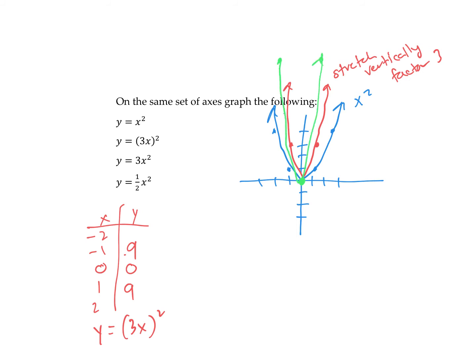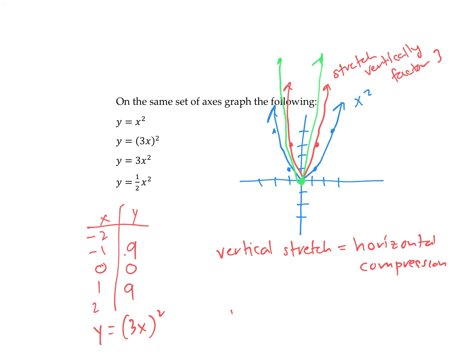The problem with stretches and compressions is, as I said before, vertically stretching looks like a horizontal compression. So a vertical stretch also equals a horizontal compression.